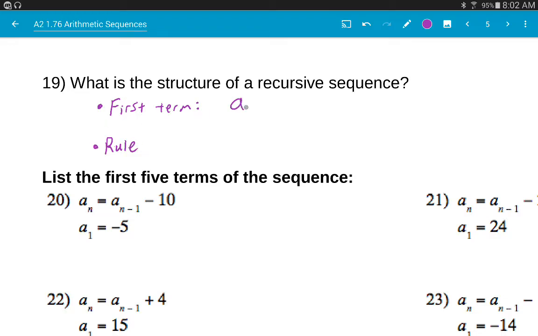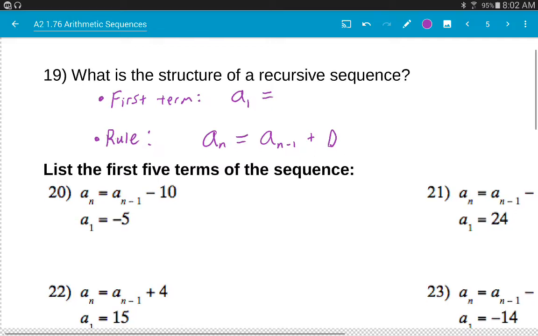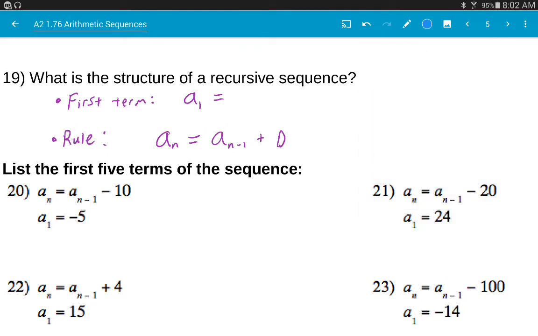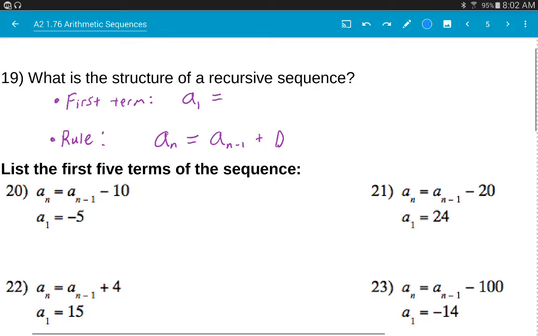The first term is a sub 1 equals something, and the rule is a sub n equals a sub n minus 1 plus d. Now I want to clarify on the a sub n minus 1 so that it's not just something I told you, it's something that makes sense.